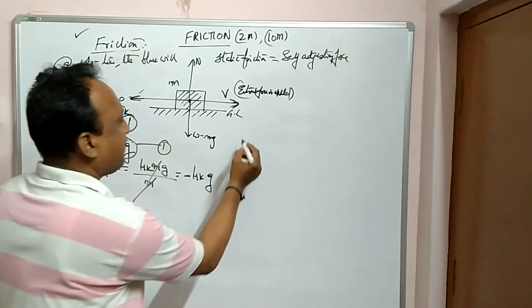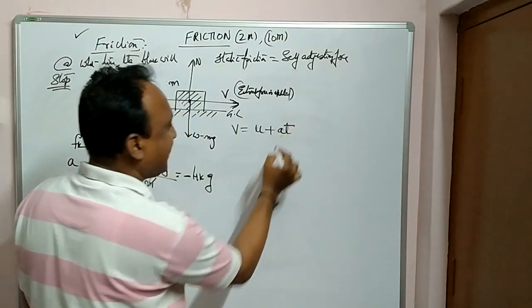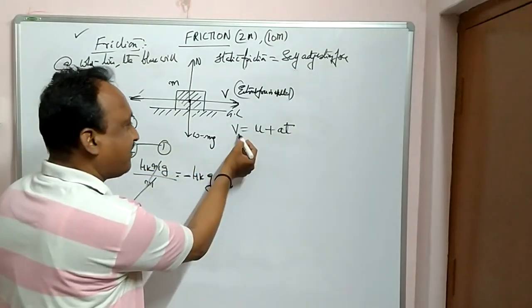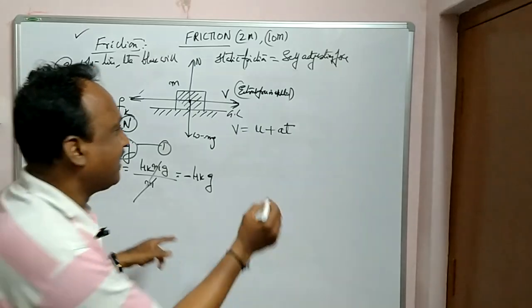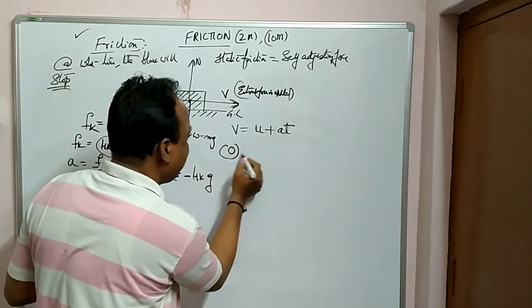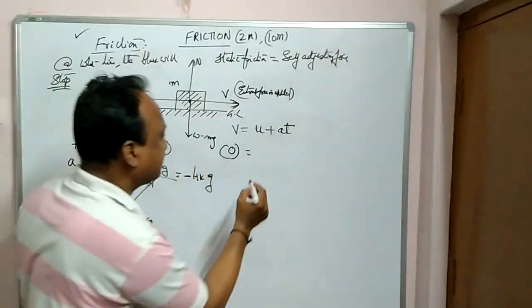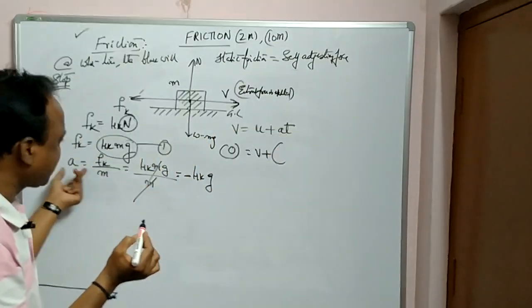Simply you can apply the kinematic equation v is equal to u plus at. V is the final velocity. After the block stops, what will the final velocity be? 0. Therefore v is 0. What is initial velocity? It is traveling forward, so u is equal to v. Plus what is acceleration just now?